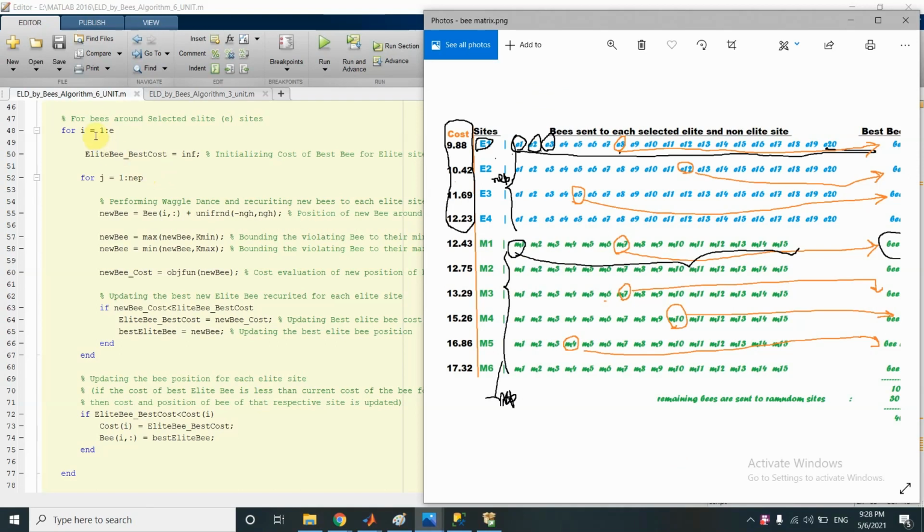So each iteration of this for loop corresponds to one of these elite sites, and each iteration of this for loop will correspond to one of these new bees that are recruited to search for food around those elite sites. Now within this for loop, we find the position of the new bee recruited to go around the elite sites by the method that I have just explained.